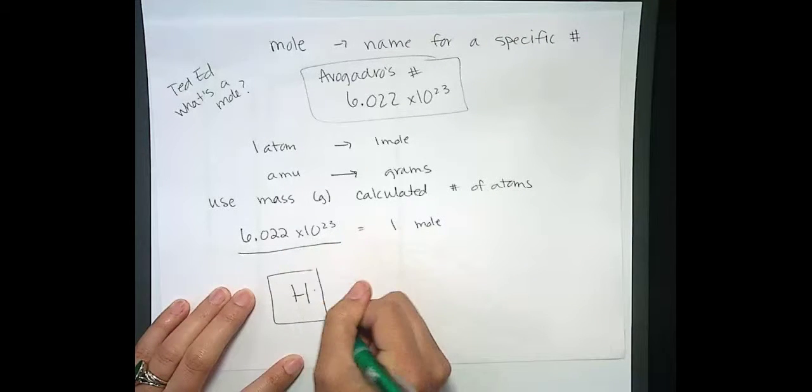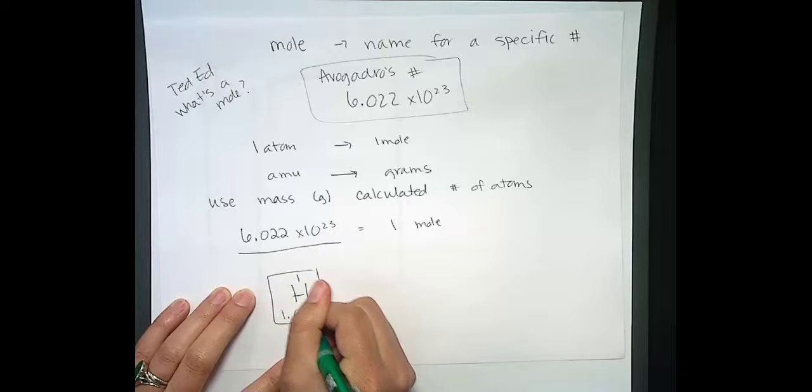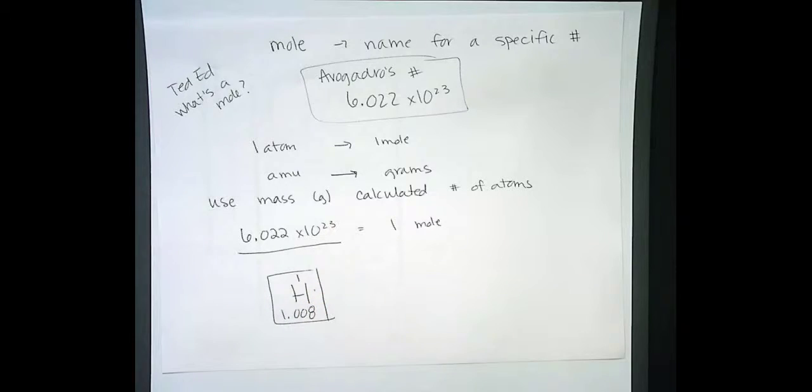So on the periodic table, we take a look at hydrogen. If you take a sample of hydrogen from nature, you have an average mass, a weighted average mass, because of the naturally occurring isotopes we talked about last time. What is really cool is that a mole of hydrogen atoms weighs 1.008 grams.